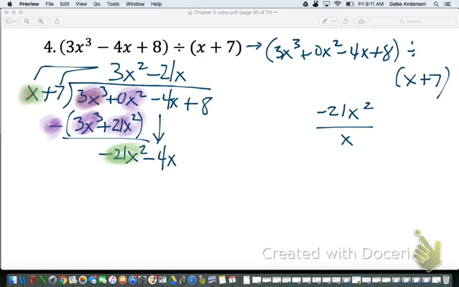Okay, so just like before, now we're going to multiply, and in multiplying here we're going to be using the distributive property. So how about negative 21x times x plus 7? What would we get there?